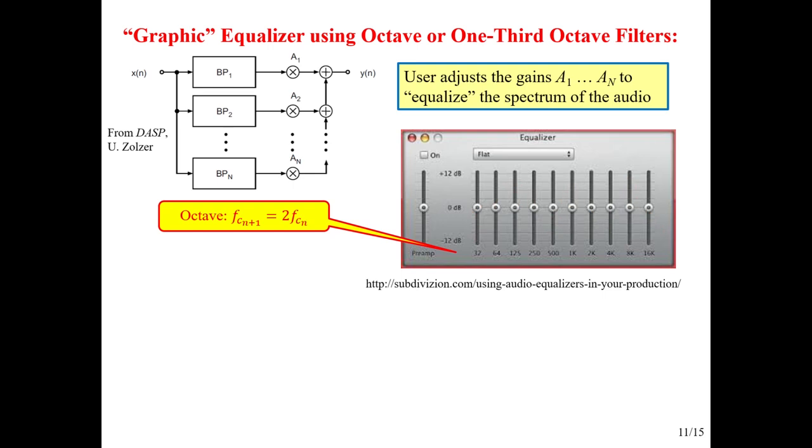Now, this is an octave based equalizer. So look at the center frequencies of those. They're all related roughly by octaves. So we see that we start off at 16K, an octave below is 8K, 4K, 2K, 1K, 500, 250, 125.